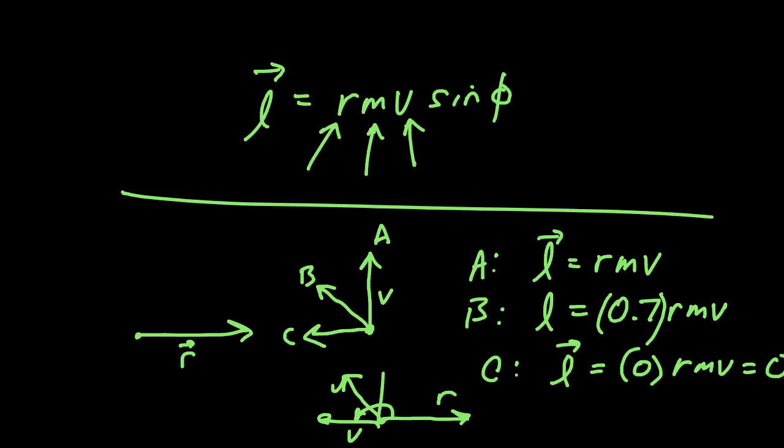Like if you're torquing on a wrench, obviously you would not want to push toward the center of the nut. That would not do you any good. You want to be at a right angle. In this case, you have maximum angular momentum. It's at 90 degrees. And it goes to minimum, 0 momentum, when you have either 0 degrees or 180 degrees.